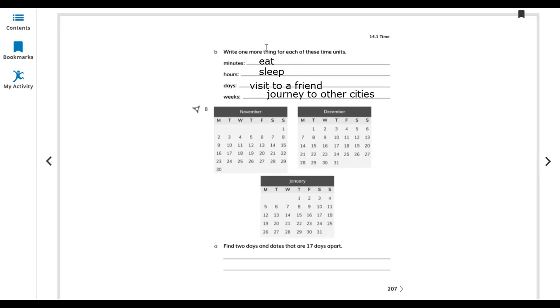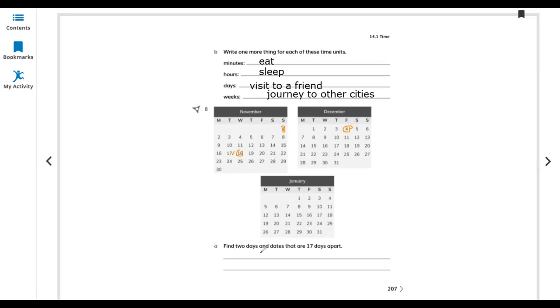For example, I'm choosing the first, and then after 17 days: 1, 2, 3, 4, 5, 6, 7, 8, 9, 10, and so on until 17, and the next starts at 18.